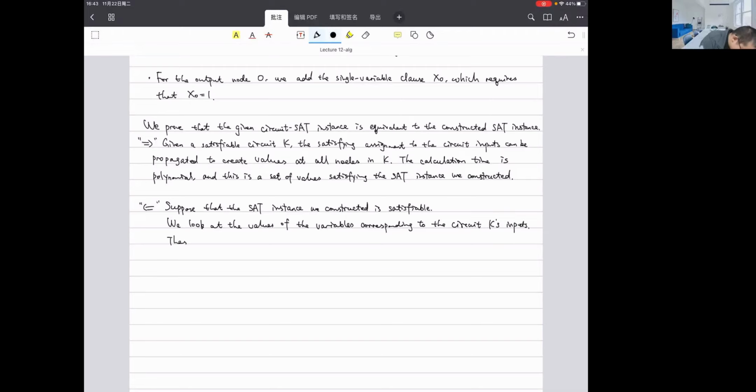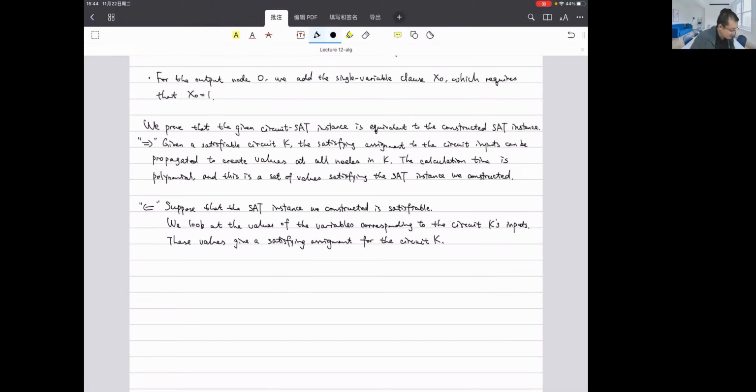We say that these values are going to give a satisfying assignment for the circuit K. For the circuit K here, I guess this is just straightforward.